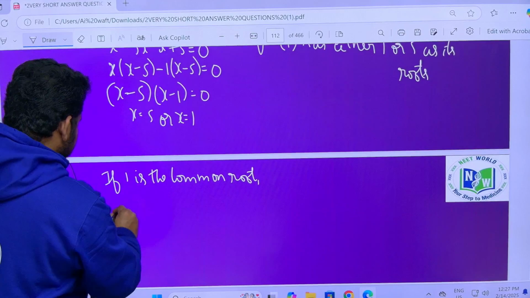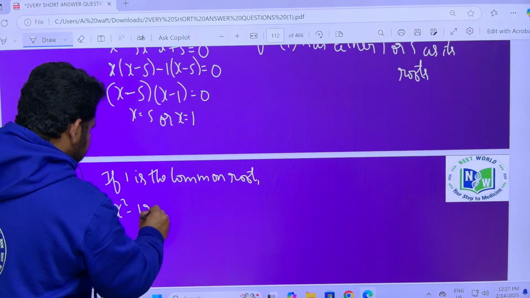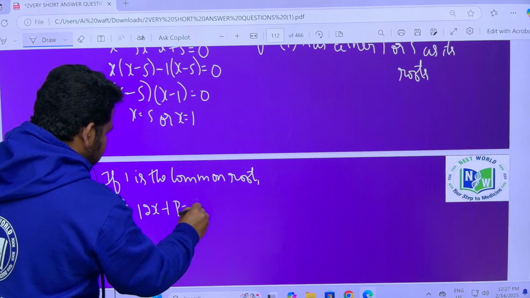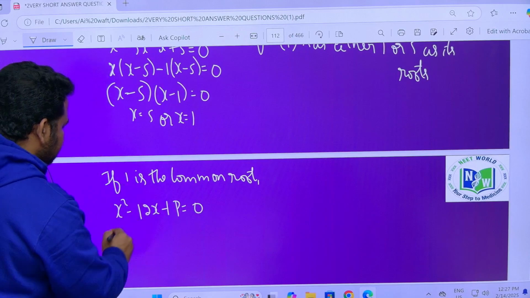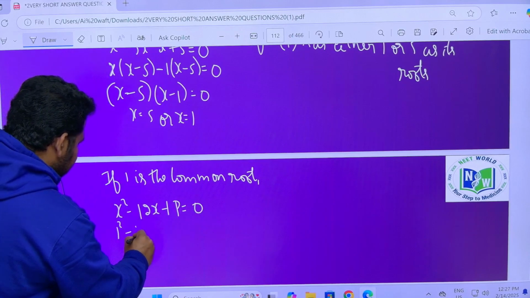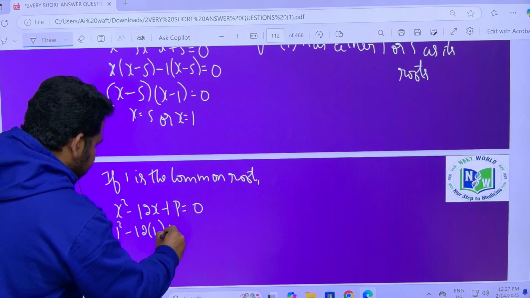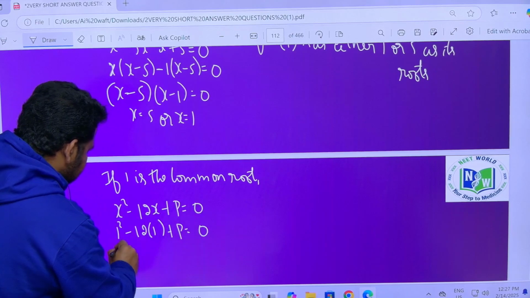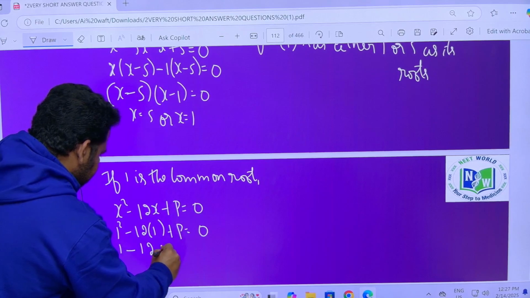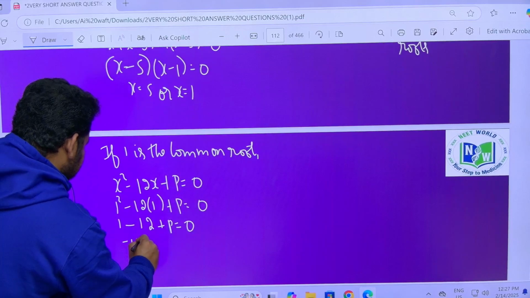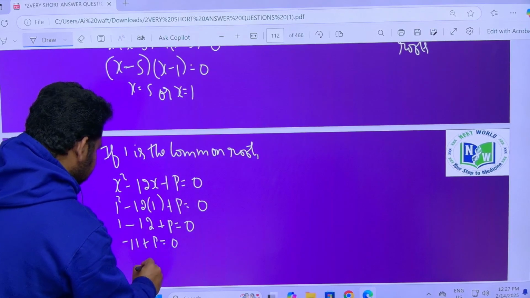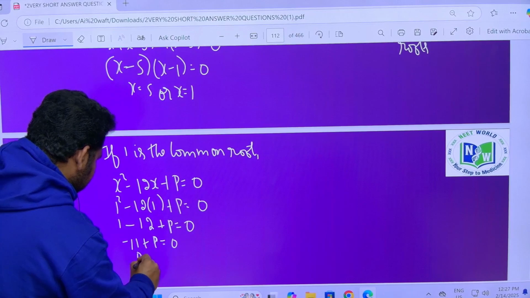Wherever x is there, we have to put the value x is equal to 1. This will become 1 square minus 12 into 1 plus p is equal to 0. So 1 minus 12 plus p is equal to 0, so minus 11 plus p is equal to 0. So the value of p will be equal to 11.